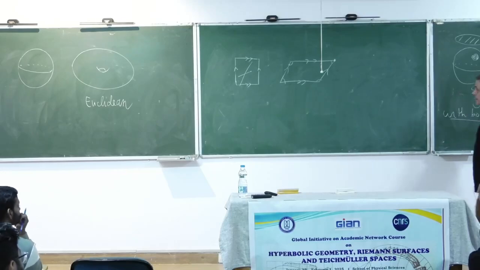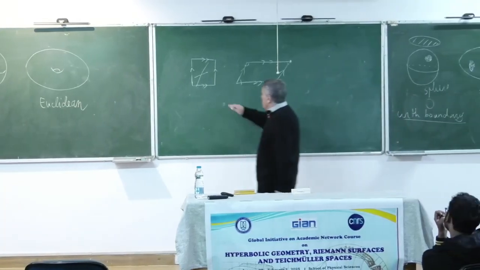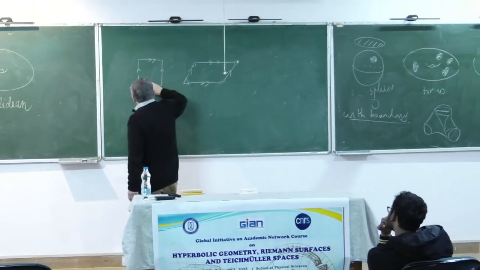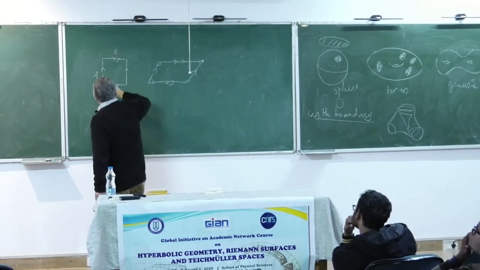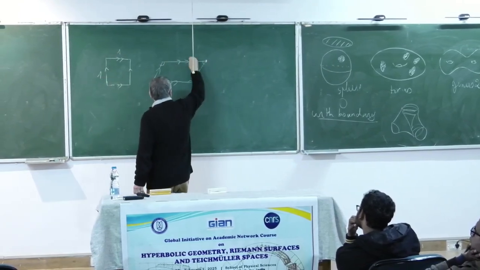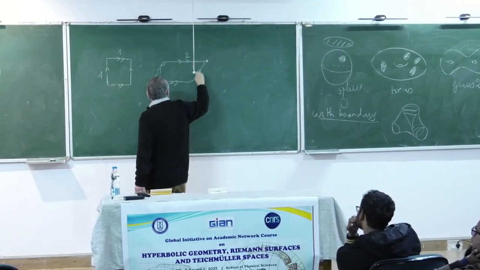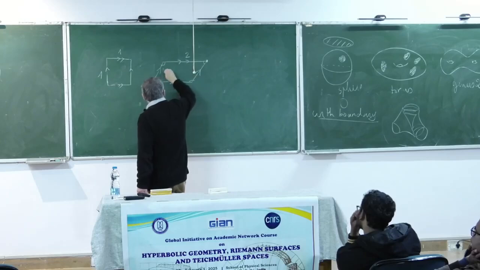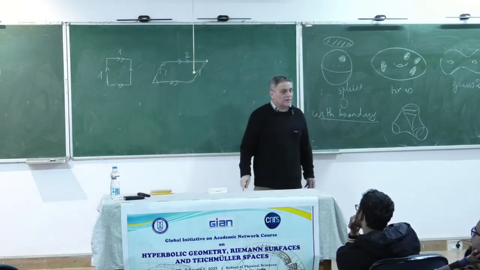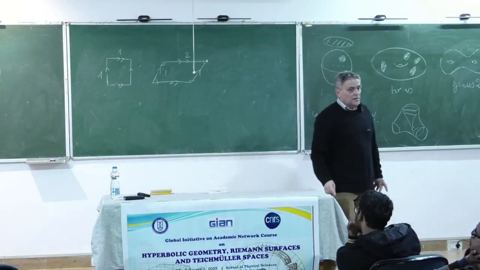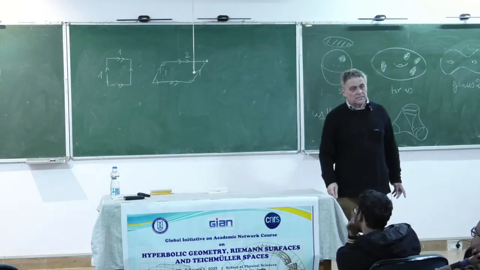Okay, let's do a simple thing. So this is length 1. This is length 2, and this is whatever length 1 is here. How do you prove that these two things are not isometric? Take 2 points, and the distance here is different from the distance there.